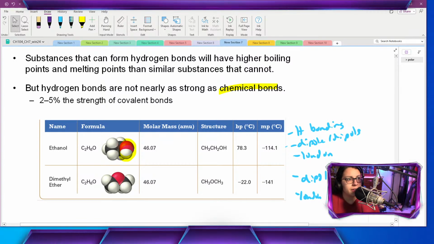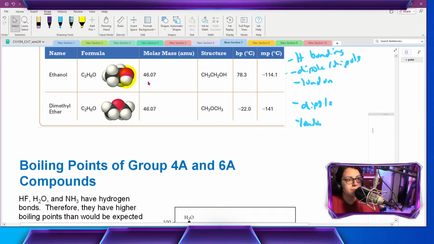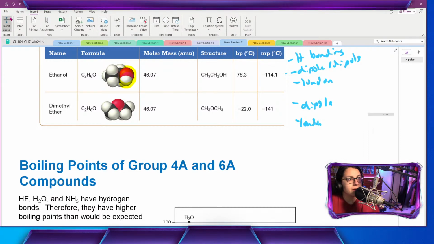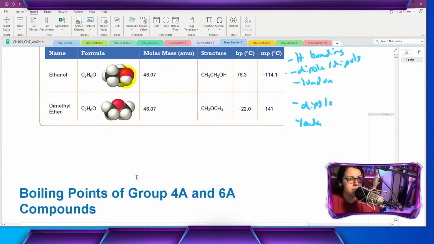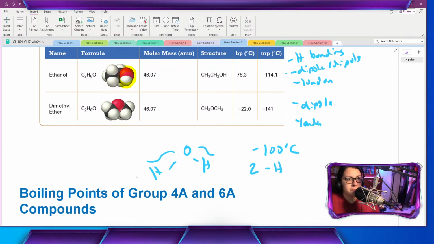Pretty fascinating. We're about to talk about water in the next chart, but think about water. It has an even higher boiling point than ethanol, 100 degrees Celsius, and a lot of that is from those two hydrogen bonds. Quite fascinating.